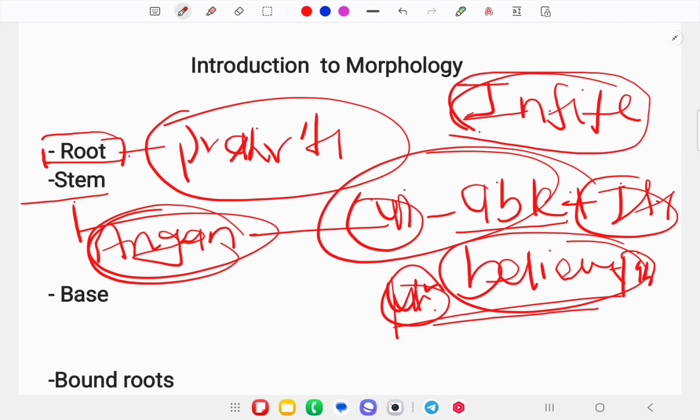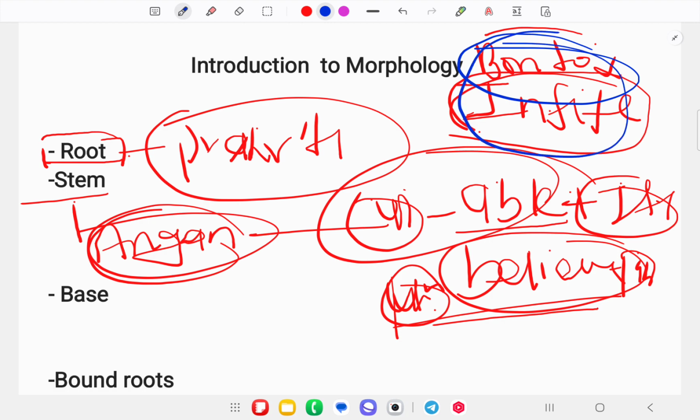Infixes are especially used in the Bontoc language, which is spoken in the Philippines. You must remember this point. Some questions have been asked on these points, especially in GATE exams, so don't forget to remember them.